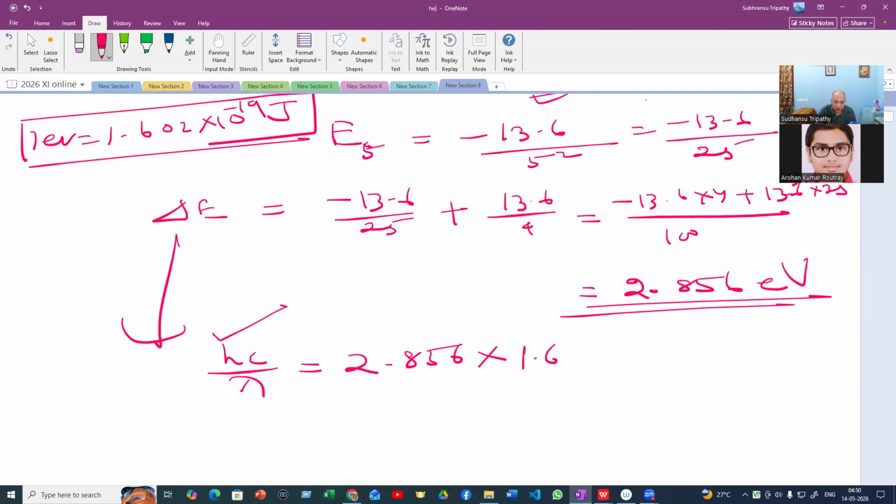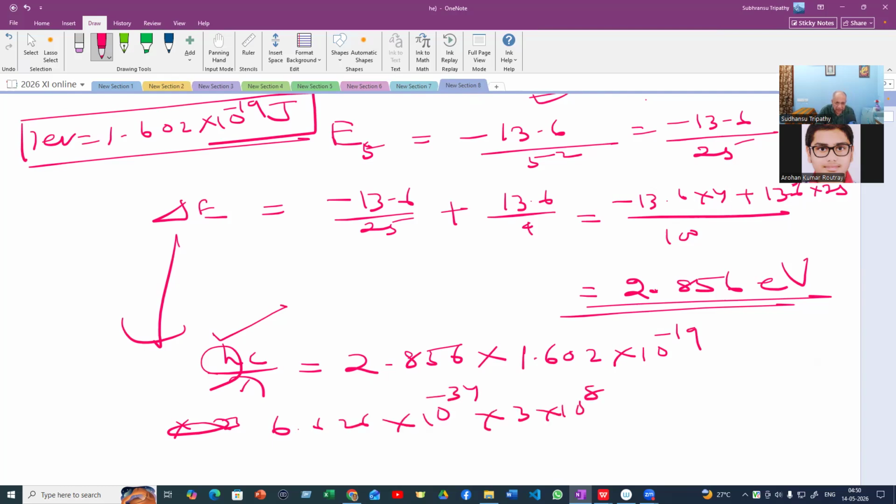So here you can put that conversion factor, that becomes joule, and then you find out what is lambda. h is 6.626 into 10 to the minus 34 joule second, c is 3 into 10 to the 8, and lambda you have to find out. So you find lambda, that will come in meter, multiplied by 10 to the power 10.